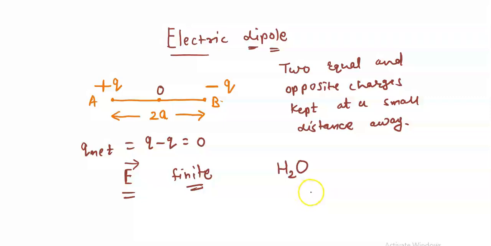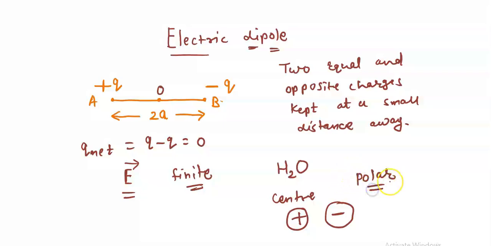So basically the center of positive and negative charge actually shifts a bit in case of a dipole. Especially in case of molecules, such molecules are called polar molecules, where the centers of positive and negative charges shift.